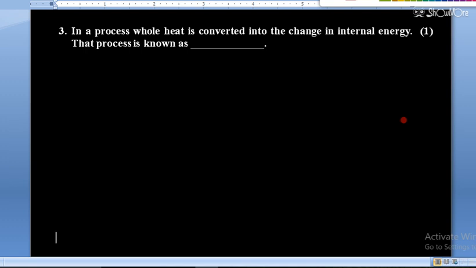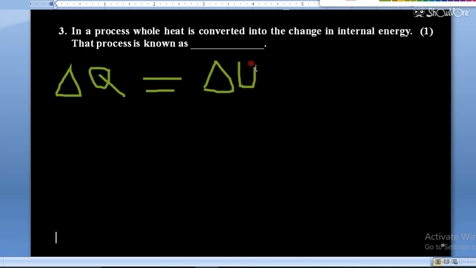So let's discuss. In this question, you can easily say, using the first law, delta Q, that is the heat supplied, is equal to delta U, which is change in internal energy, plus W, which is work done.